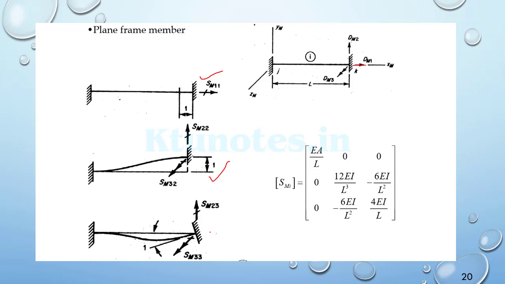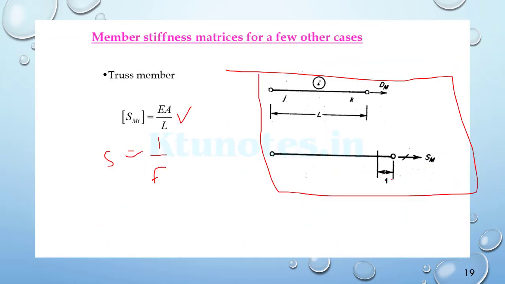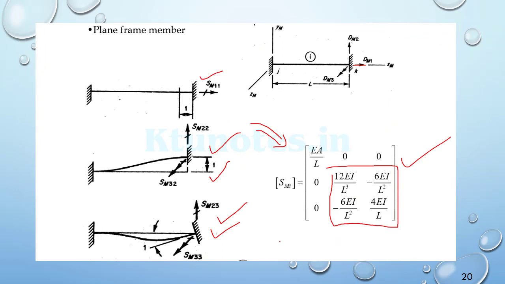The third case is unit rotation, and the corresponding stiffness matrix elements are EA/L, 0, 0, 0, 12EI/L cube. This sub-matrix corresponds to support settlement and the rotations which we have discussed previously. Only the EA/L term comes into the picture when it deals with the plane frame member.